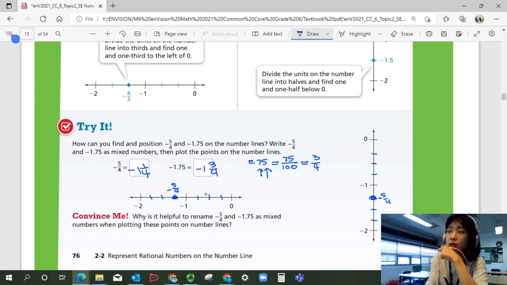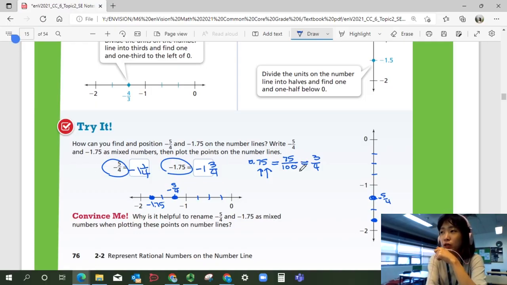So on your horizontal number line, you will go 1 and 1, 2, 3 fourths on the left side of 0. So that's -1.75. Make sure you write the original values. And then on the vertical one, from 0 you go down 1 unit and 1, 2, 3 fourths on the number line below 0. So that's -1.75.